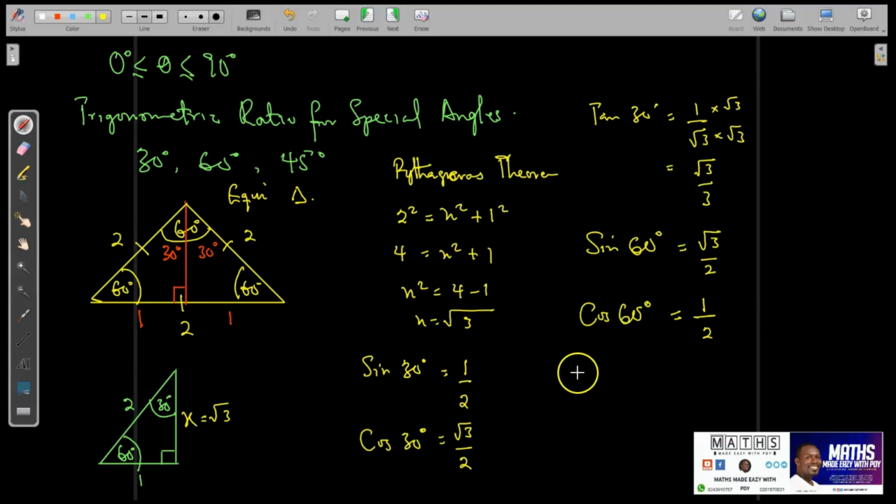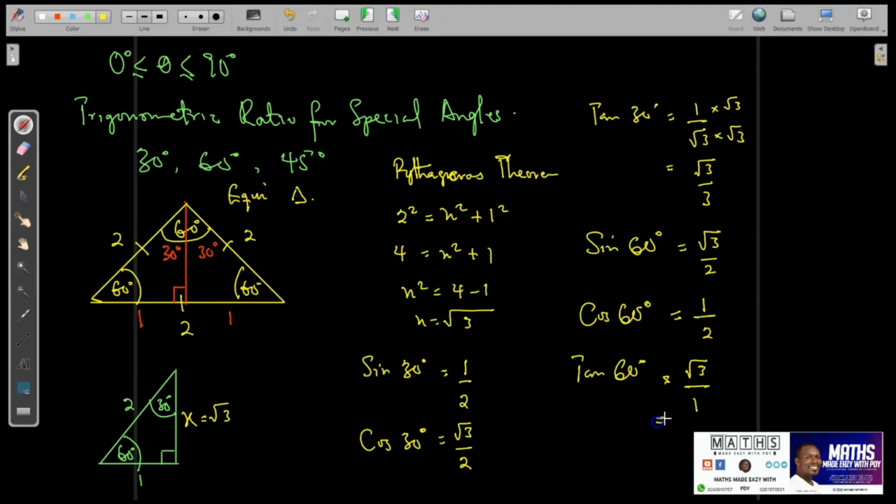Then the last one is tan of 60 degrees. For tan of 60 degrees, we'll have to go with the opposite side of the 60 degrees within this triangle, which we've seen as root 3, divided by the adjacent side of 60 degrees, which we've seen as what value? 1.